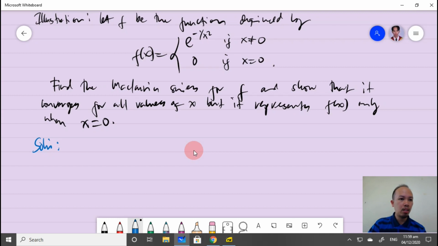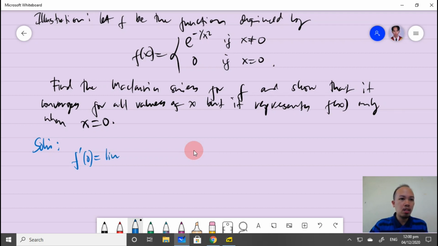Now get the derivative evaluated at 0. Notice that this is a piecewise function, so we have to get the derivative of this function using the definition.